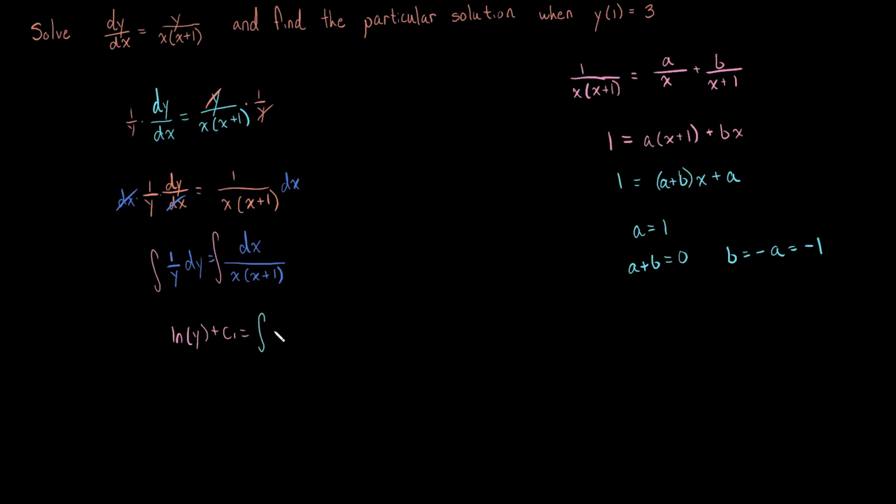So we have the integral of 1 over x dx minus the integral of 1 over x plus 1. I just separated out our negative 1 right here. That's our b. And we have our a as well in this left term right here, 1 over x.